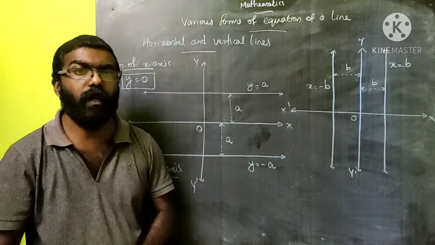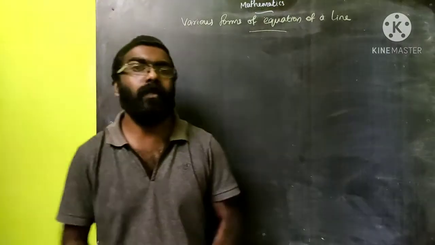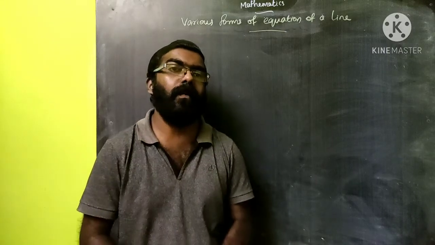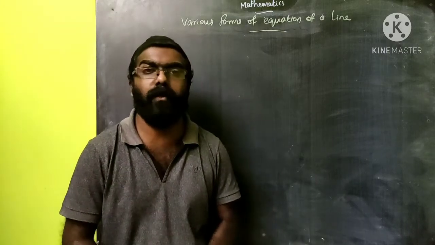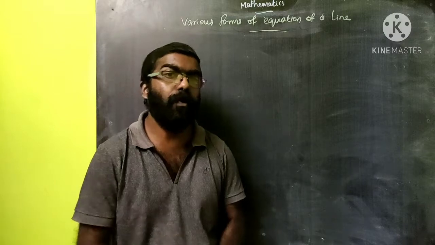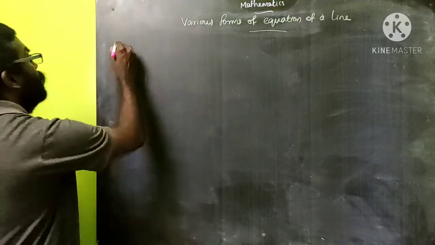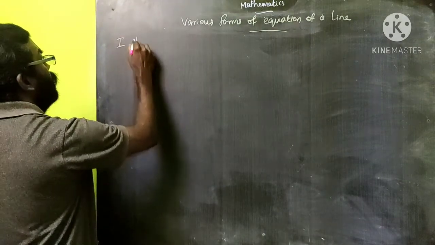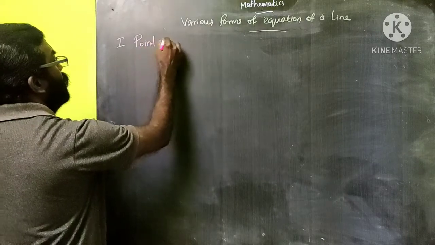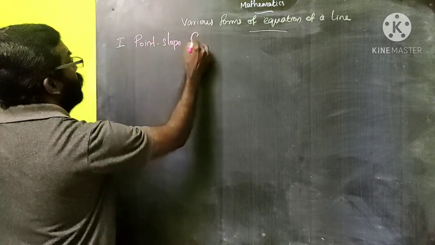Okay. Next one is equation of a line if we know a point and slope. That is called point slope form.